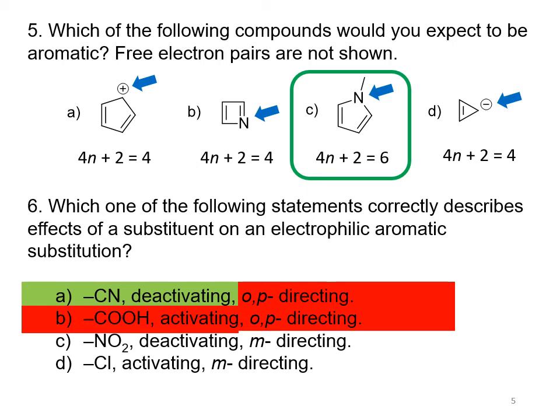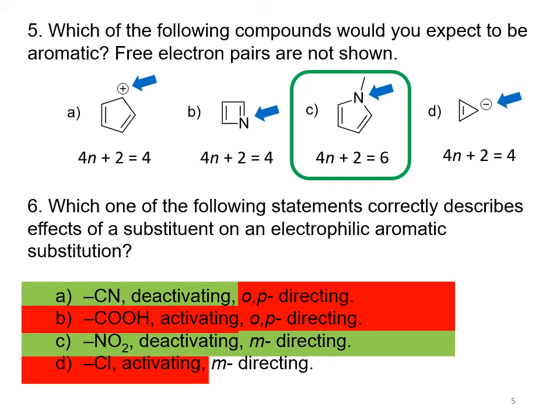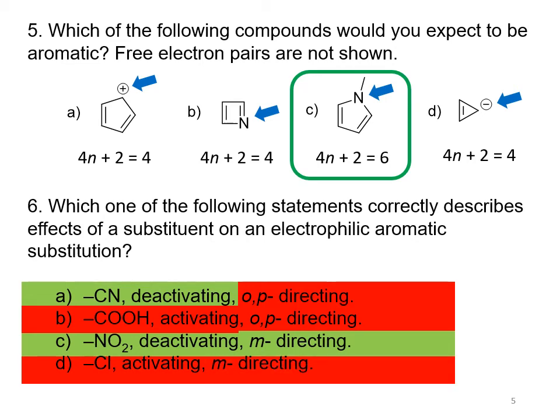Ortho-para directing, since it's deactivating, it's meta directing. Again, not correct. Nitro group, deactivating, that's correct. Meta directing, that's correct. So C has both statements correct. Looks good so far. Chlorine, activating, no, actually it's deactivating. So that's not correct. Meta directing, that's not correct. So the correct answer is C.